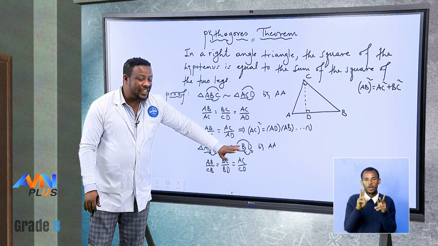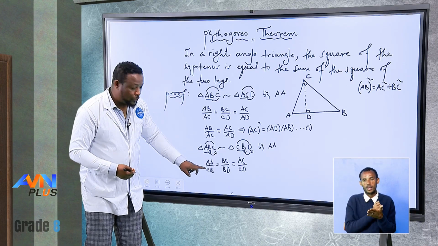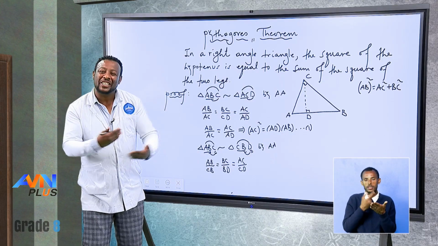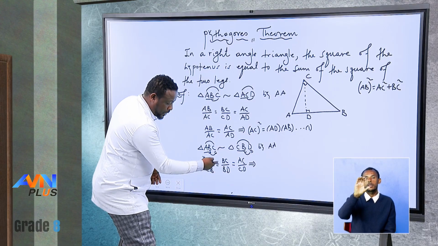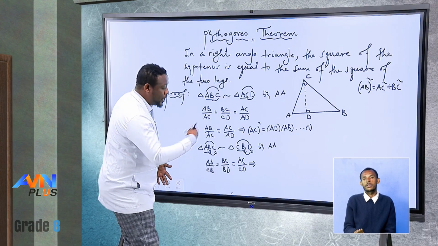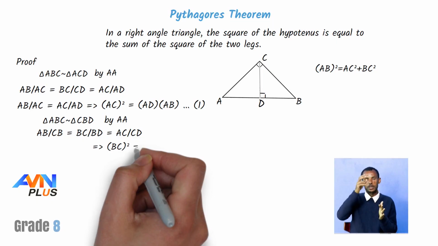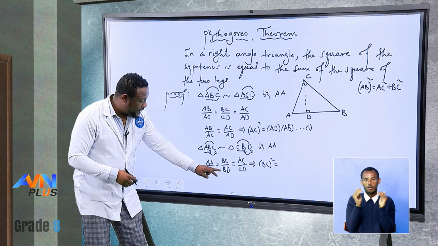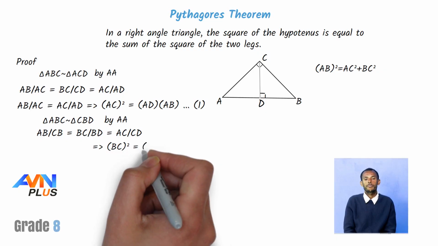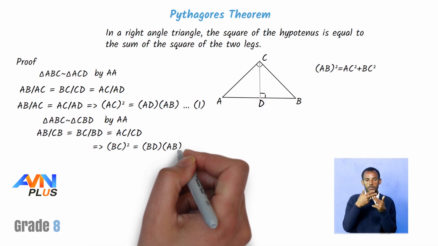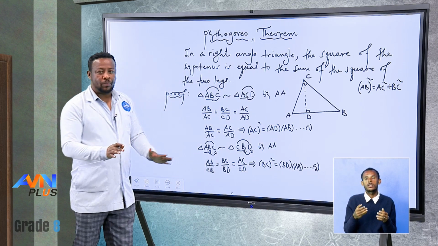We don't need the third part. All these three are equal, but you can take these two. By cross-multiplying, you will get BC times CB, and CB and BC are the same, so BC times BC is BC square. This must be the same as BD times AB. Now we have another equation, equation 2.